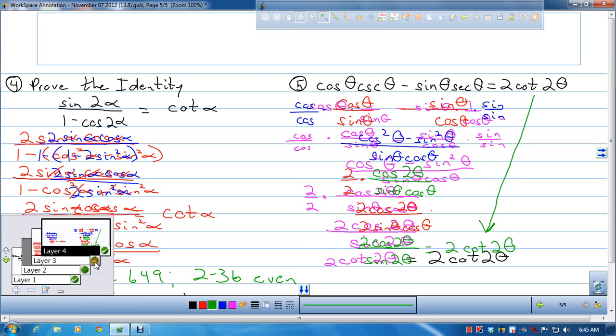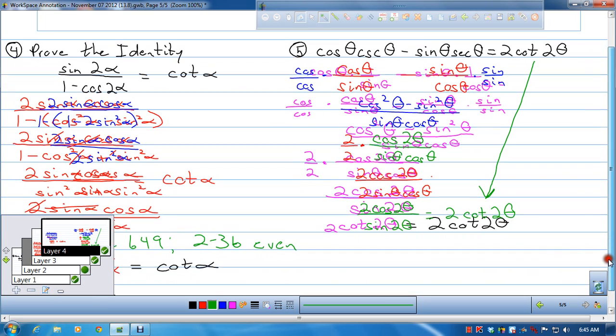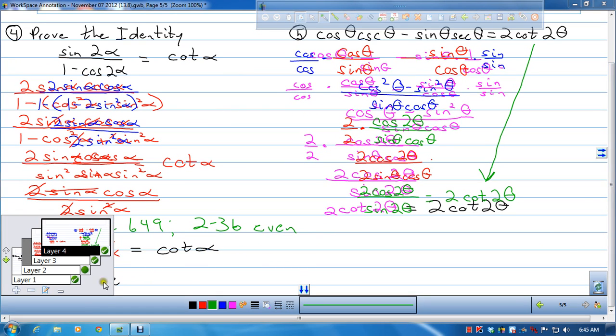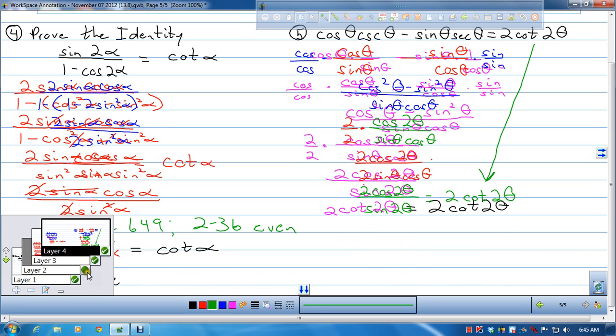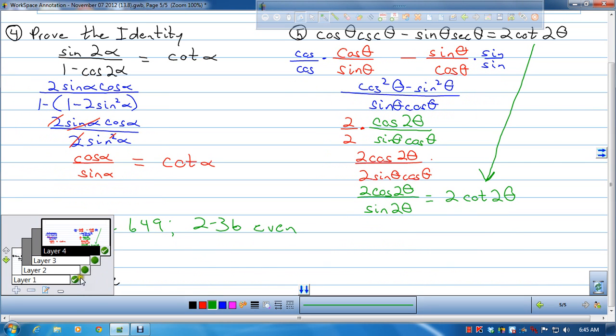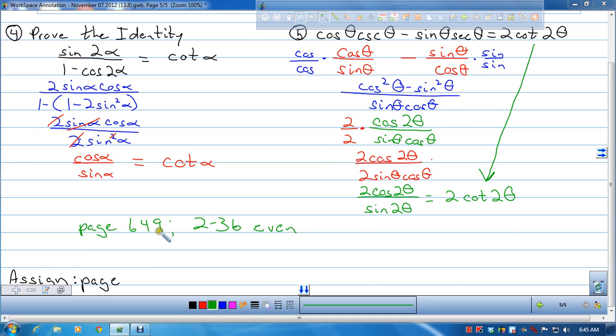Okay, let me double check that. Let's go with page 649, 2 through 36 even, and we'll go from there.